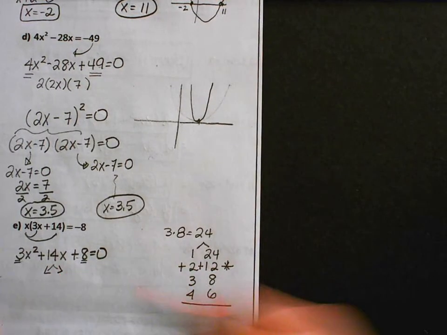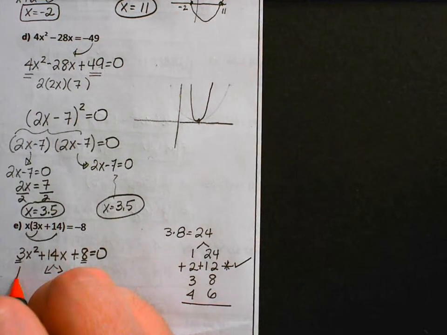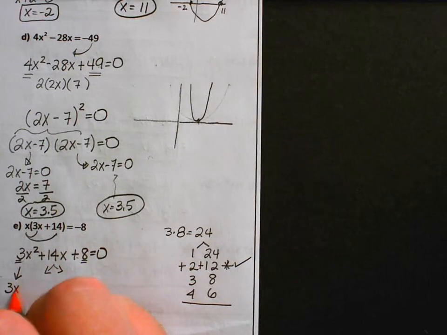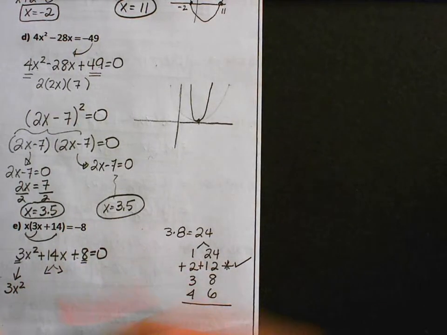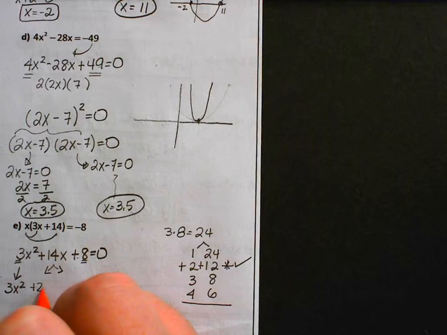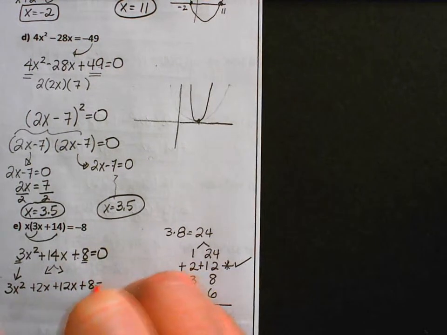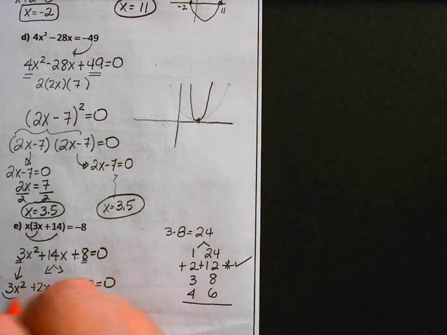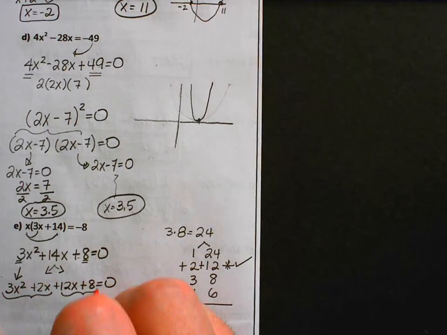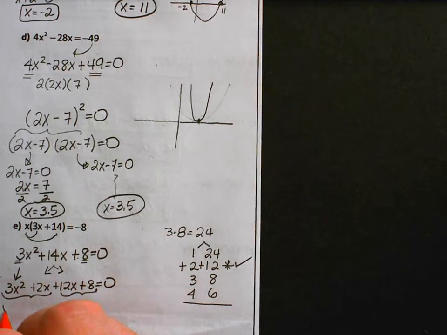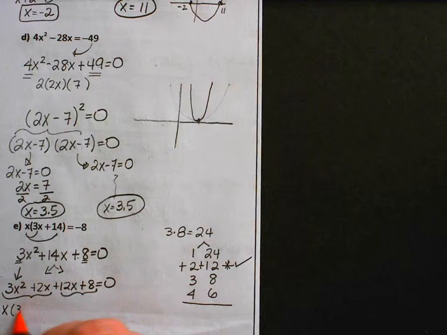So that means we can use this pair. We're going to copy the first term. We're going to break down the middle term as 2x plus 12x plus 8. And now we're going to group them into pairs. What goes into 3x squared and 2x? It would be x. So if I factor the x, this would be 3x plus 2.